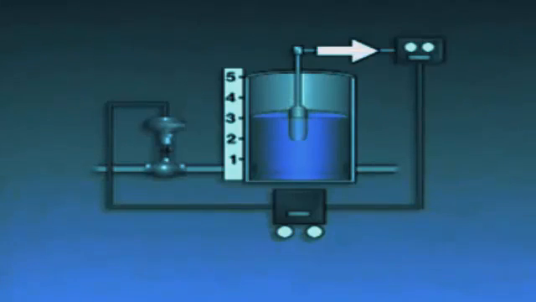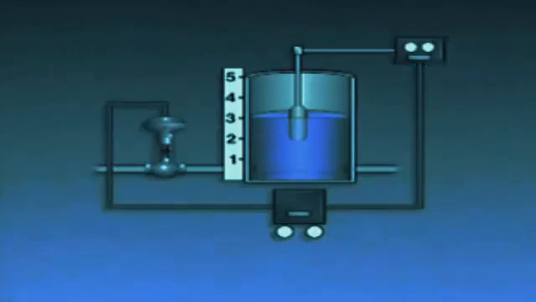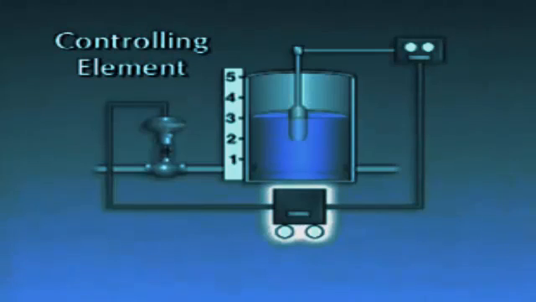The float is connected through a mechanical linkage to the second element in the system, a measuring element. In this system, the measuring element is a transmitter. The transmitter detects the position of the float and transmits a signal representing the level in the tank to the third element in the system, a controlling element.